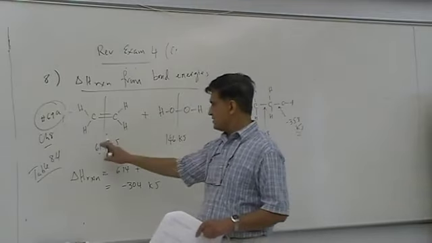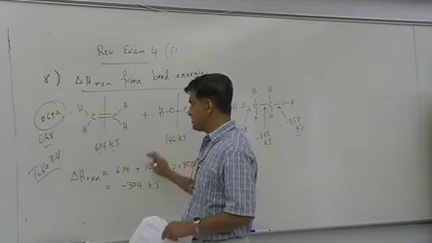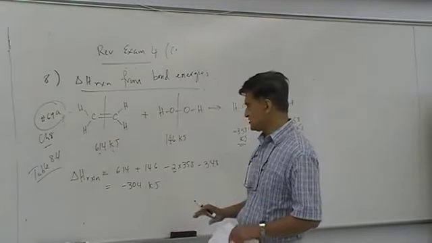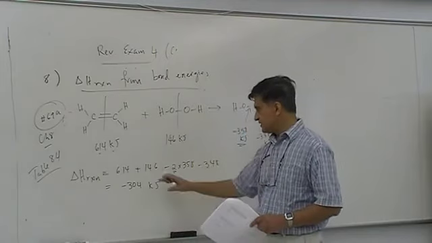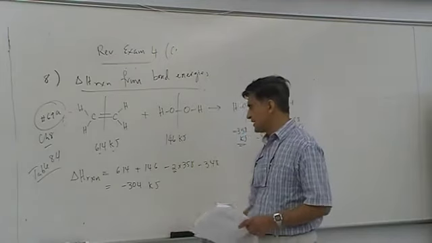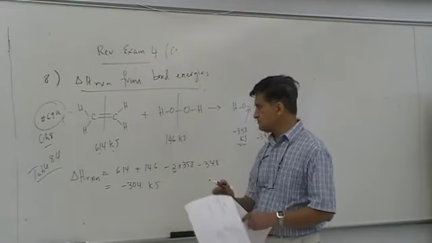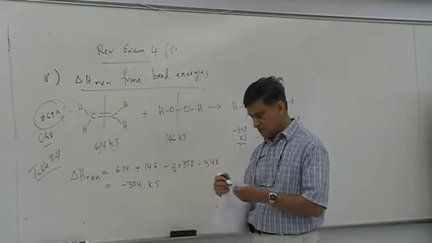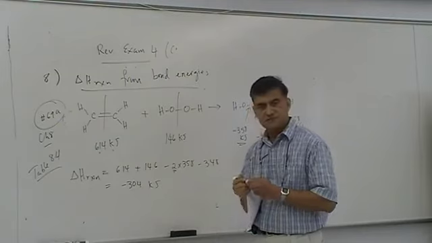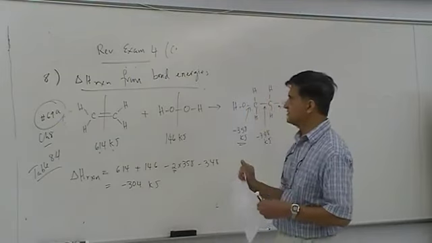For bond breaking, these are the values directly from the book, without changing the sign. These are all positive. And then finally you add up, and you get the heat of reaction. There would be a question like this in the exam, so make sure you do these kinds of problems and prepare yourself for this exam.